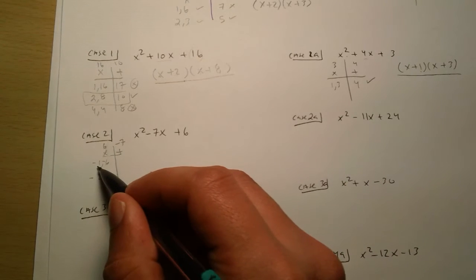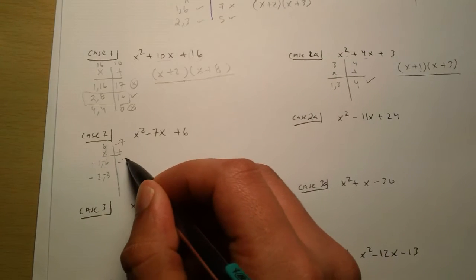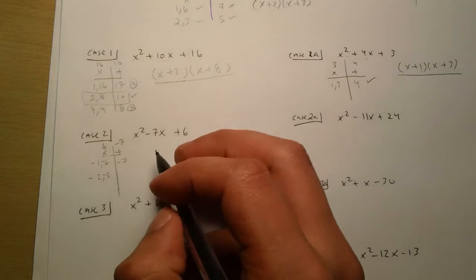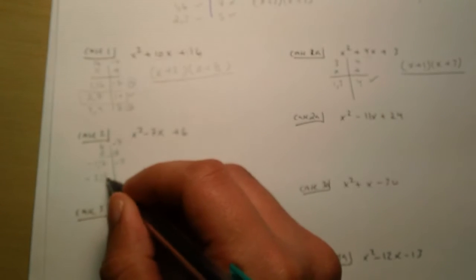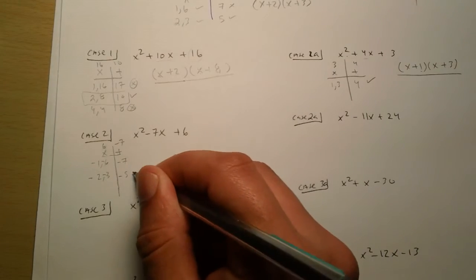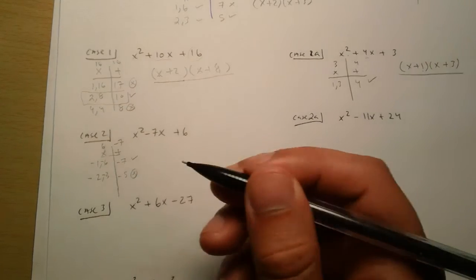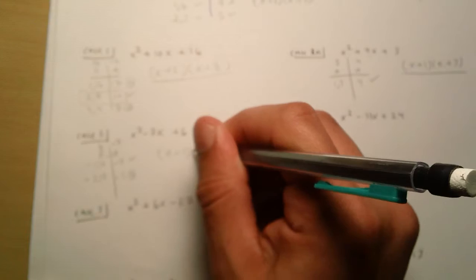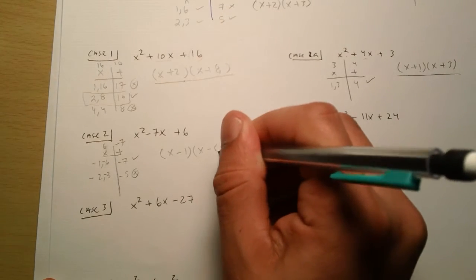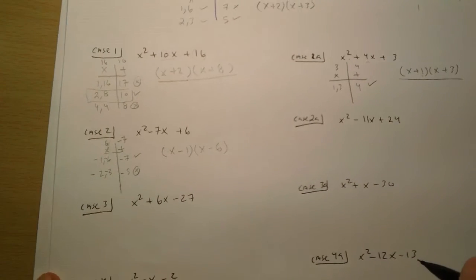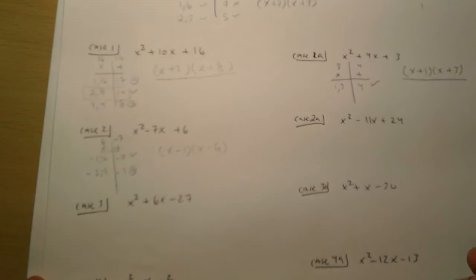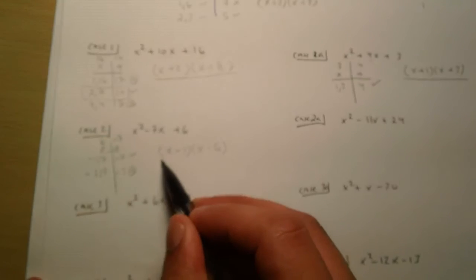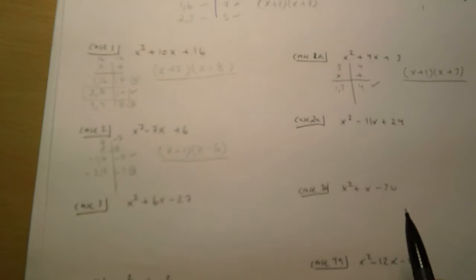So we have negative 1 minus 6 gives us the negative 7, then negative 2 plus the negative 3 gives us negative 5. We're not looking for that, we're looking for the negative 7. Okay, so we have x minus 1 and x minus 6. Now that will be it for our answer, and that's what we're looking for.